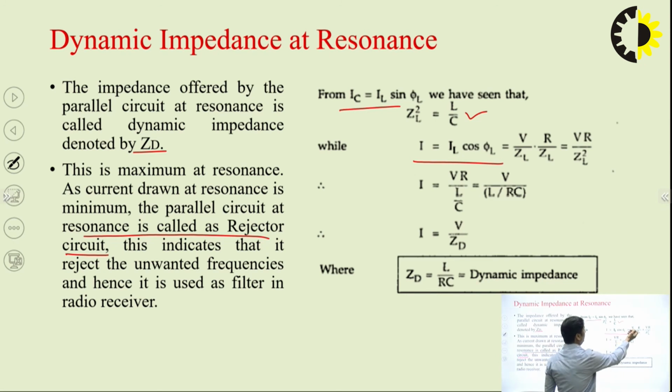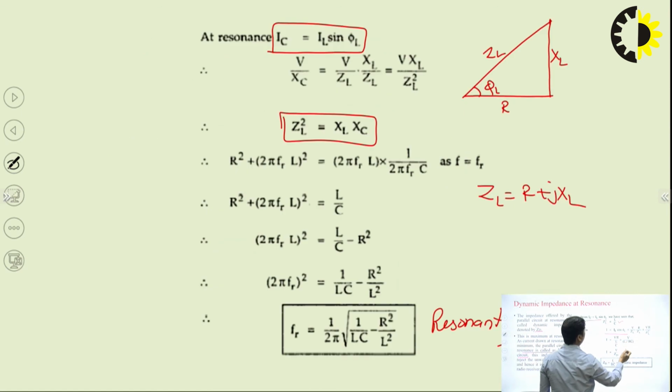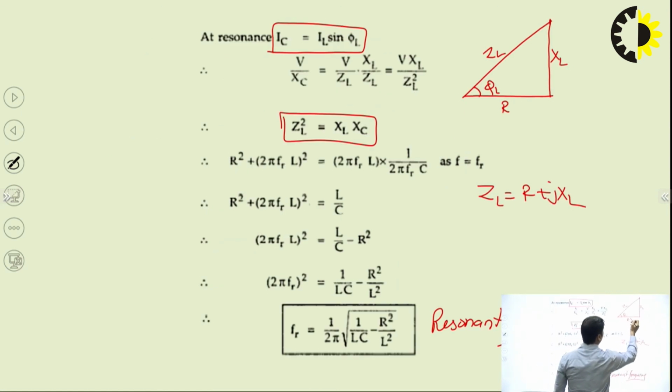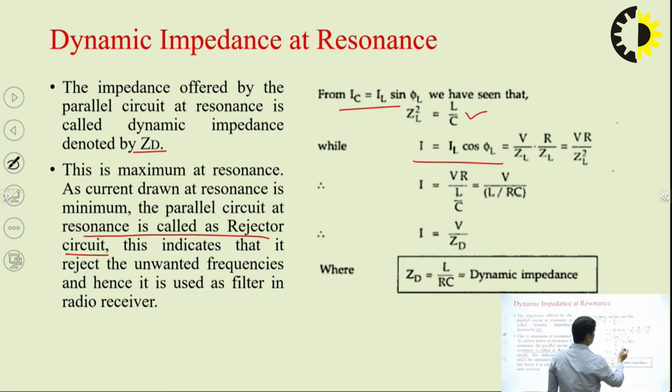So when we put the value of I and IL cos phi, the current is V upon ZL, and this is R upon XL. We know that R upon ZL is cos phi, base upon hypotenuse. So I is equal to VR upon ZL square.